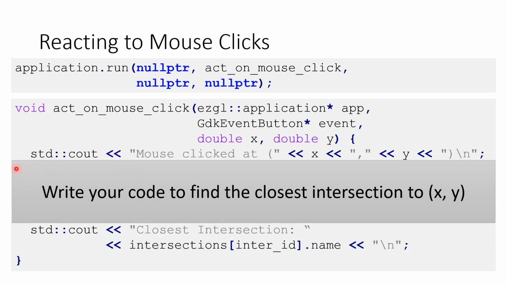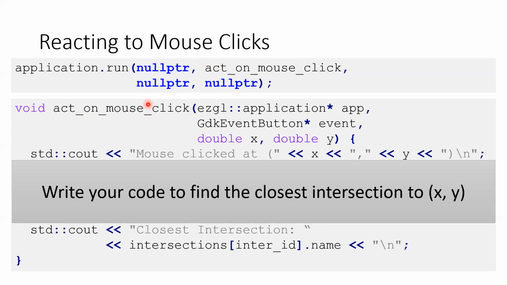So what we should do now is that when we are calling the application.run, remember previously it was 4 null pointers. Now we are changing the second one to be act on mouse click. That is the callback function we register for mouse click.